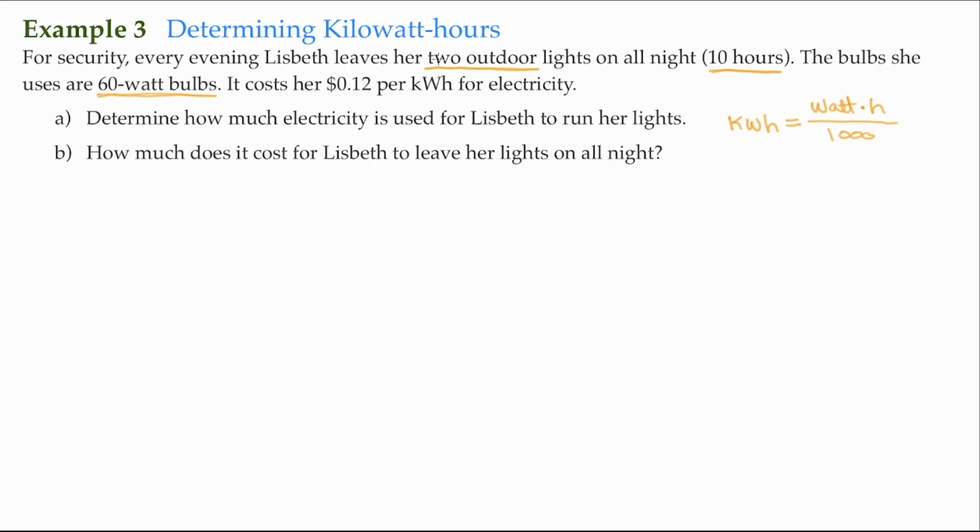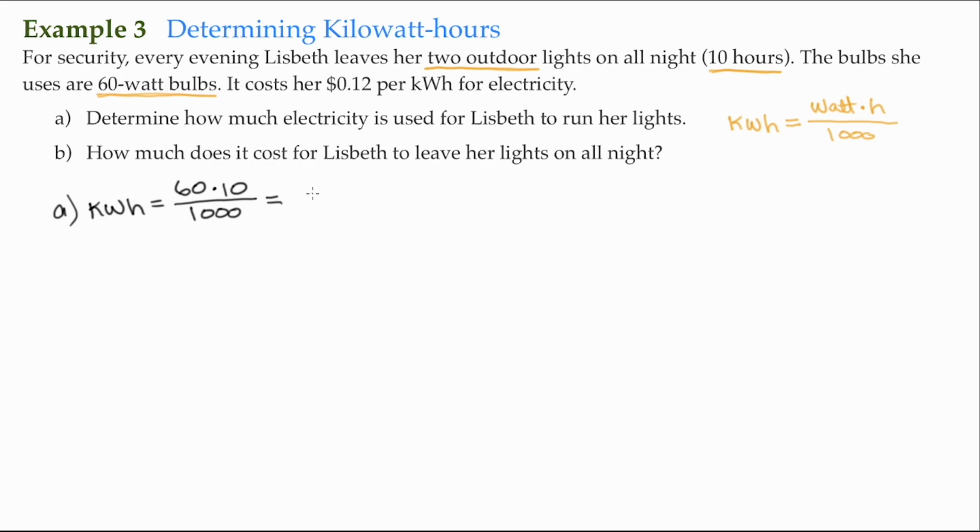So in order to be able to determine A, we would say the kilowatt hours would be equal to the 60-watt bulbs. That's the wattage. She leaves them on for 10 hours. And then we divide that by a kilo, which is 1,000.